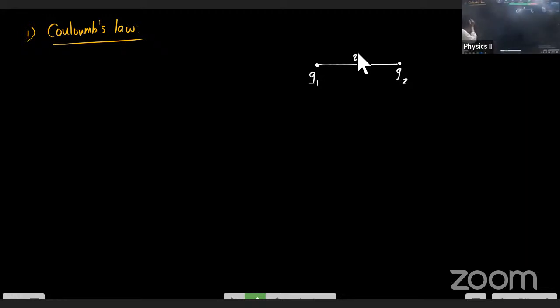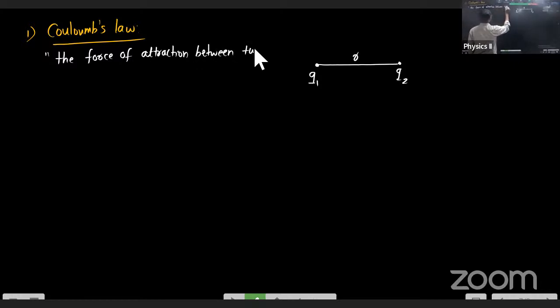So see here, what is the first statement? We can write, according to Coulomb's law, the force of attraction between two charges. Between how many charges? Two charges, whether they are moving or at rest. They are at rest.